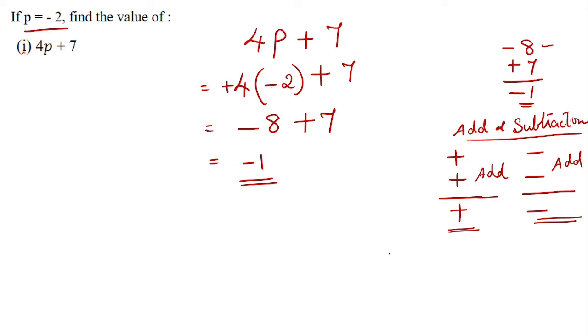If the signs are different, so if it is plus and minus, then you have to put the bigger number's sign. Whatever the sign is, the sign should be of the bigger number. And then what you have to do? You have to subtract. That will be the answer.